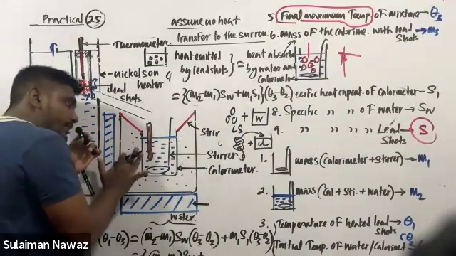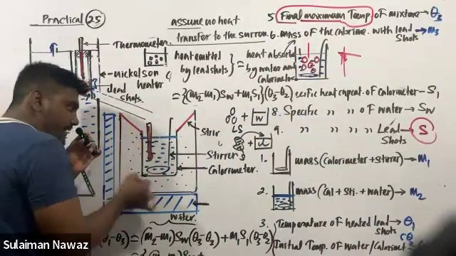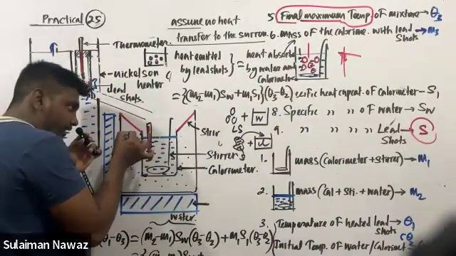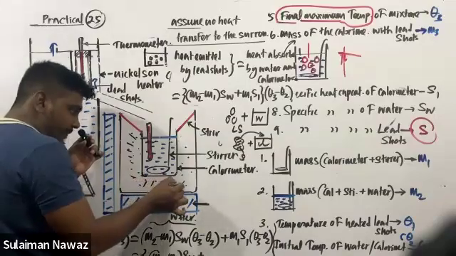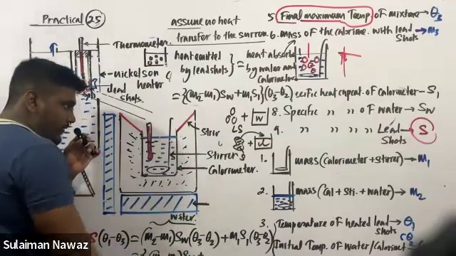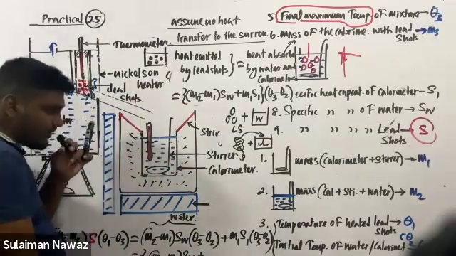To avoid heat transfer through convection, you fill this gap with thermocol, or with wooden chips, or with asbestos fibers. Then you can avoid heat loss by convection.